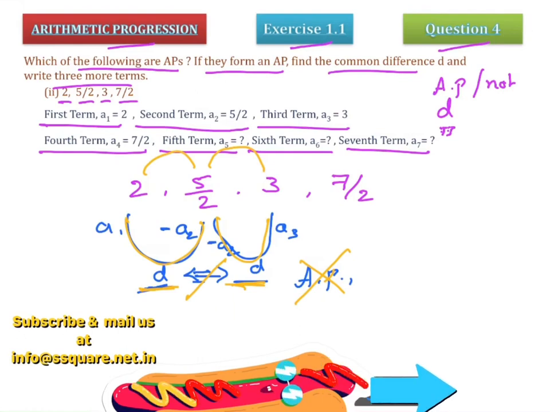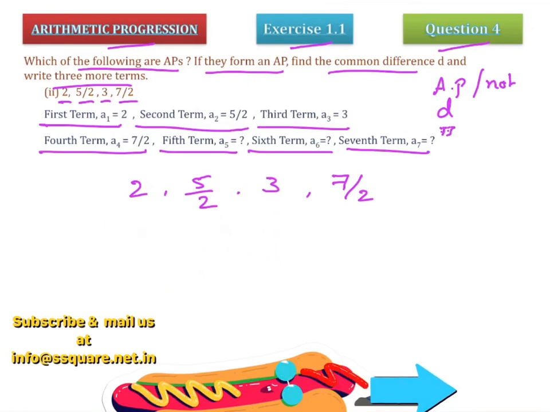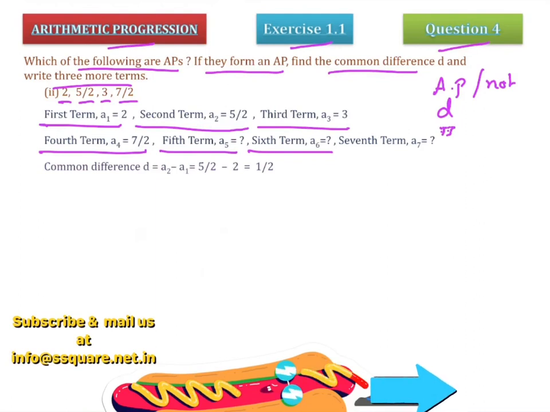We'll go to the problem again. Now the common difference D, I am finding a2 minus a1. a2 is 5 by 2, already given in the question, minus a1 which is 2. 5 by 2 minus 2 becomes 1 by 2.